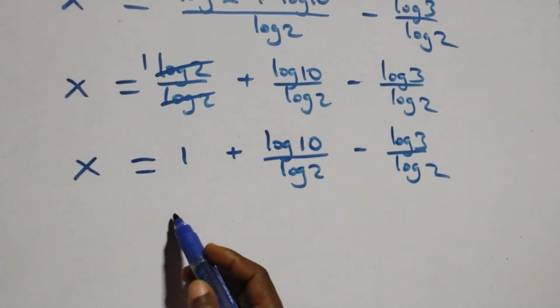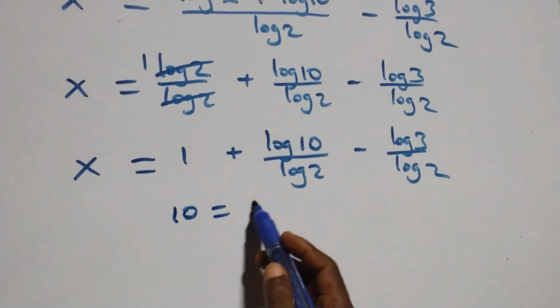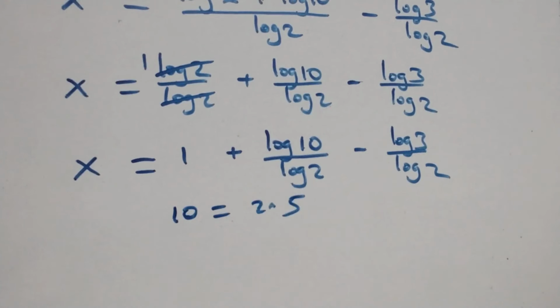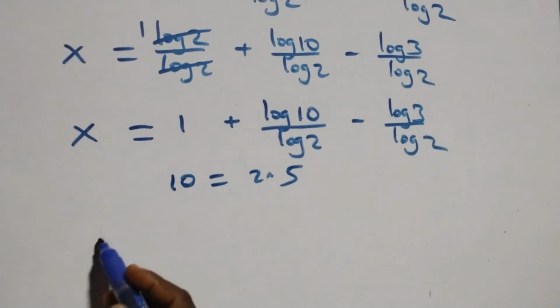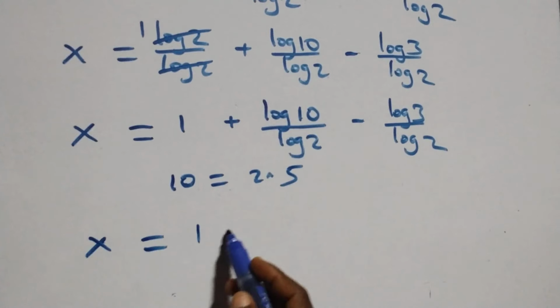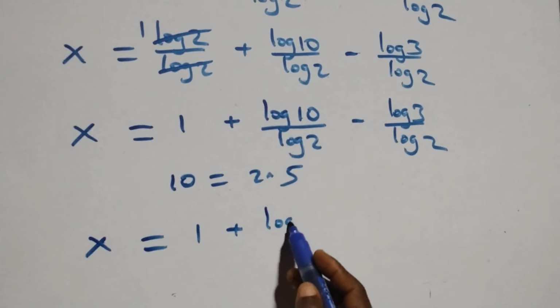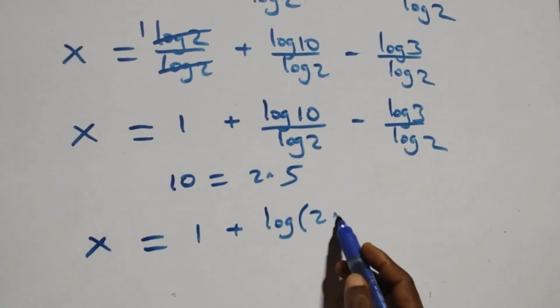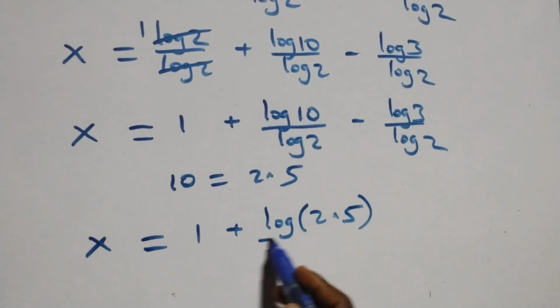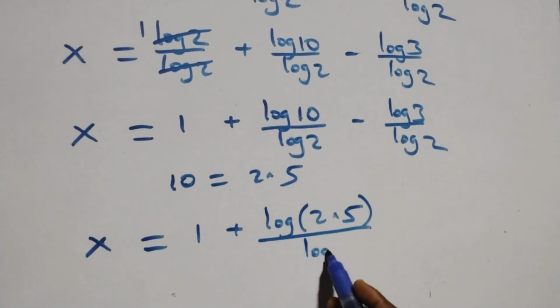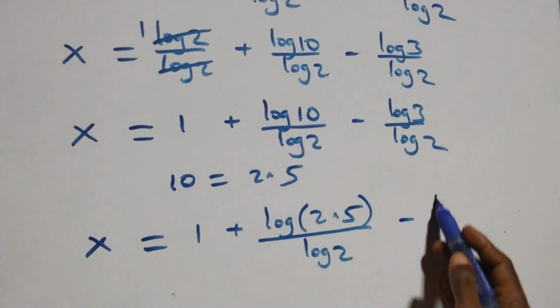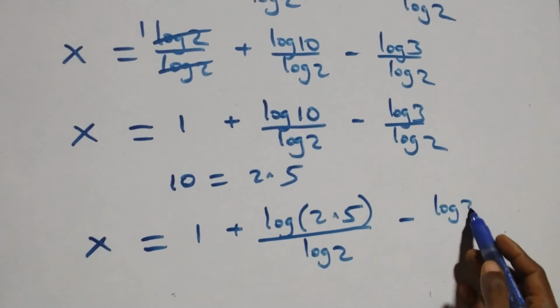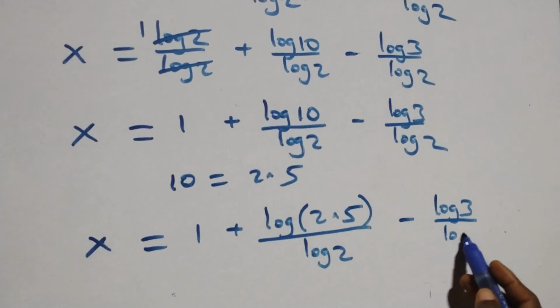That is, here we can also write 10 as 2 times 5. We have x equals to 1 plus log 2 times 5 over log 2 minus log 3 over log 2.